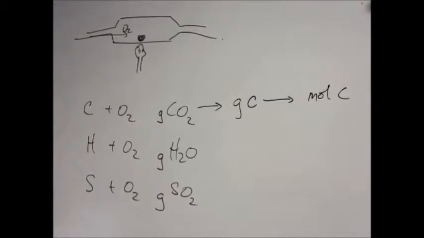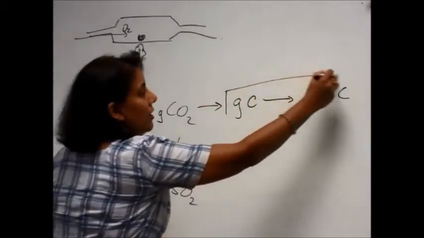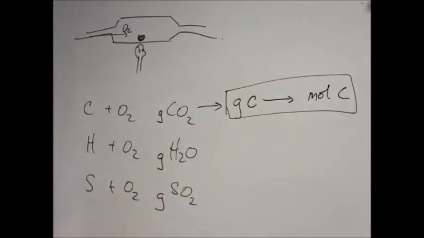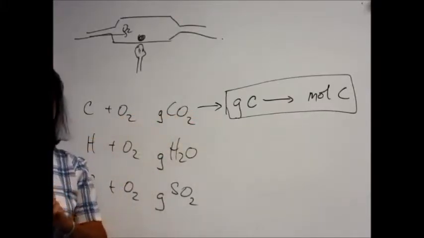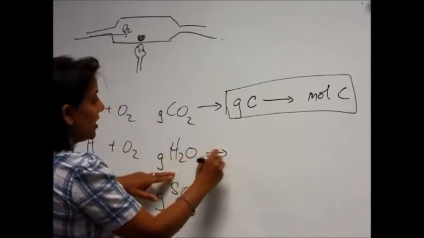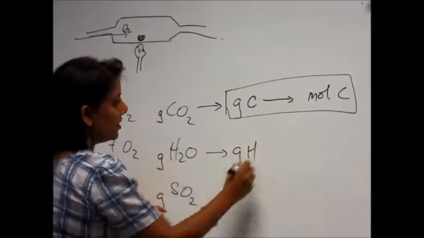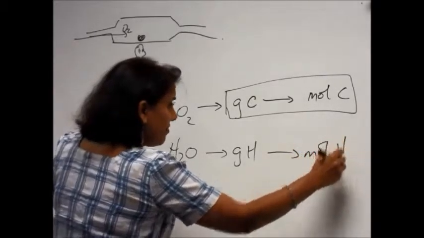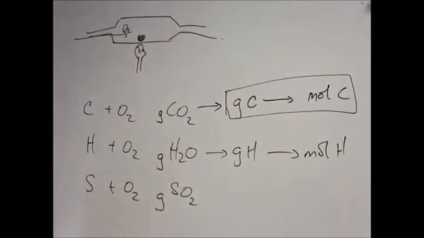Then what do I do now? Because I don't know where to go. So generally for our purpose, you will find that you only have to do part of these calculations, so you don't generally have to calculate grams of carbon dioxide to grams of carbon. With water, it'll be the same thing. You calculate grams of hydrogen and then moles of hydrogen and so on and so forth.